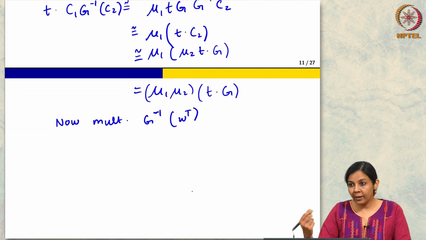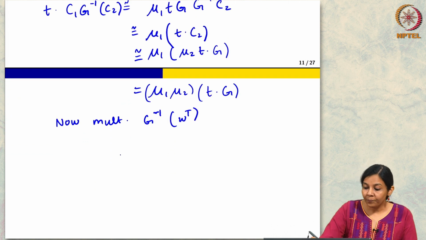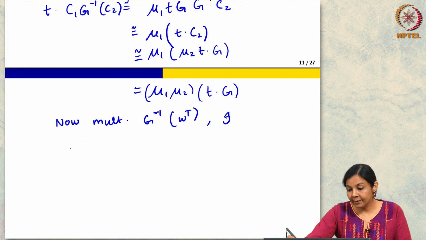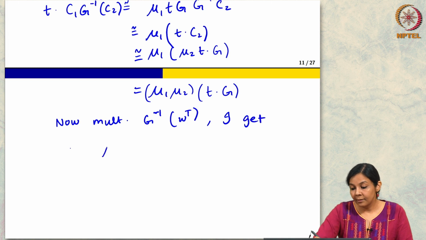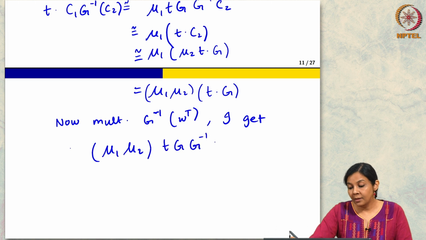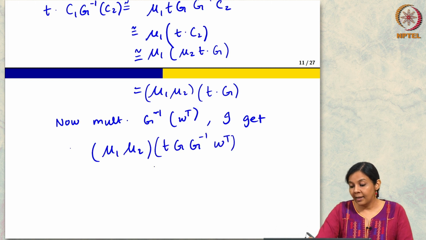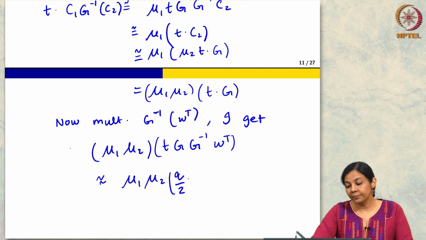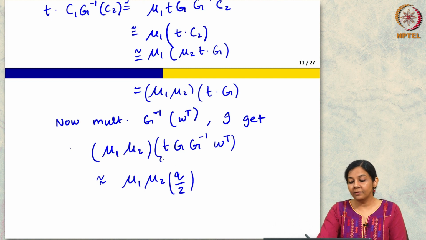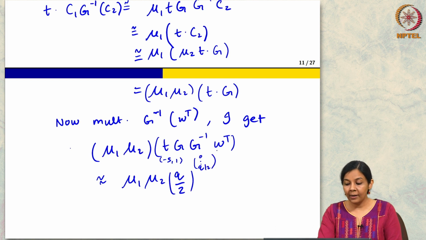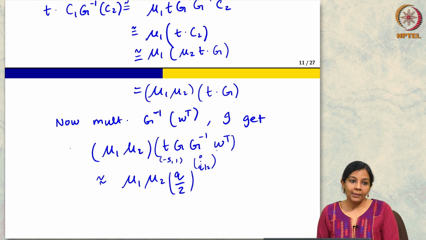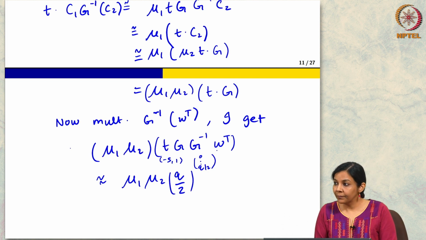This was what I was doing in decryption. So, I get mu1 mu2 TG G inverse W transpose, and this we already saw is mu1 mu2 q over 2. Remember, we said this is minus s comma 1, W is zeros followed by q over 2, G inverse G go away. So, I got mu1 mu2 q over 2, and that is what I wanted.